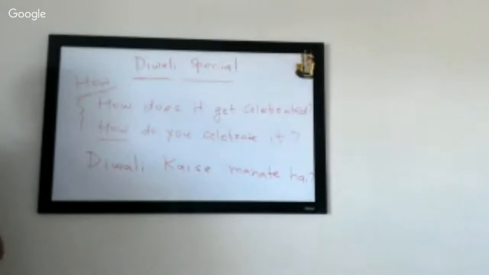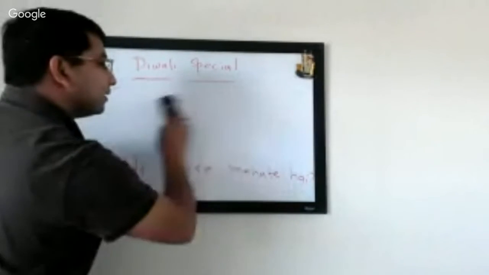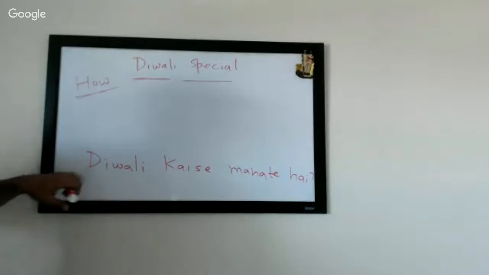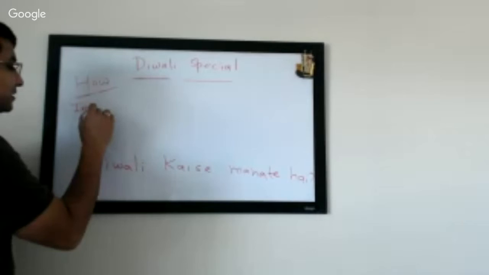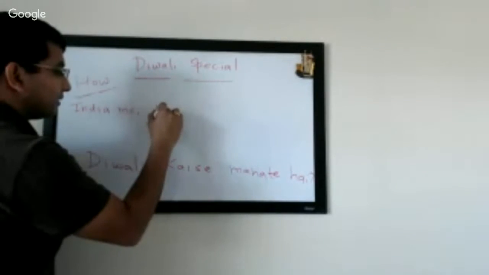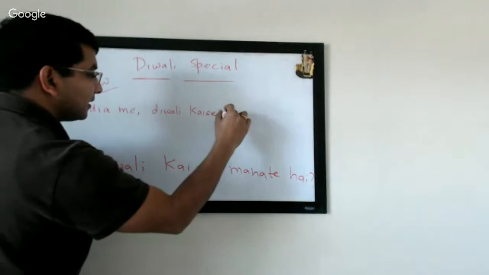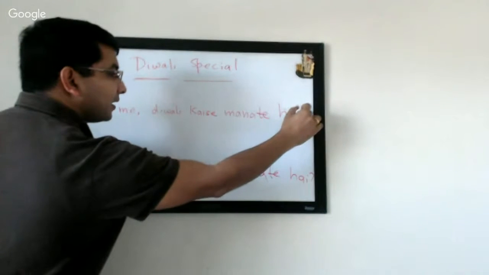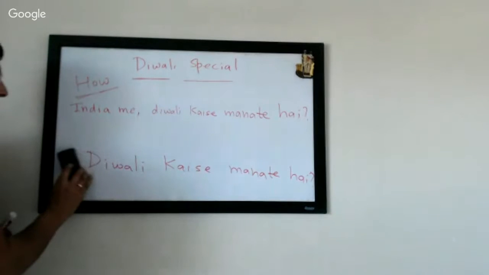If you want to make it a little bit more advanced, it itself means how does it get celebrated, right? You can say India में, in India, दिवाली कैसे मनाते हैं? इंडिया में दिवाली कैसे मनाते हैं?